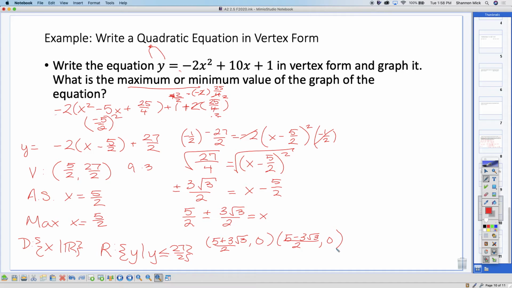I'm not asking if that's 2.73. What is my y-intercept? How do I find any y-intercept? Plug 0 in for x, yes? So it would be 0 plus 0 plus 1, so it would be 0, 1.